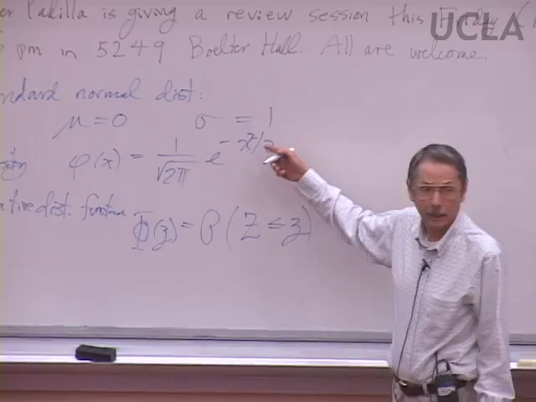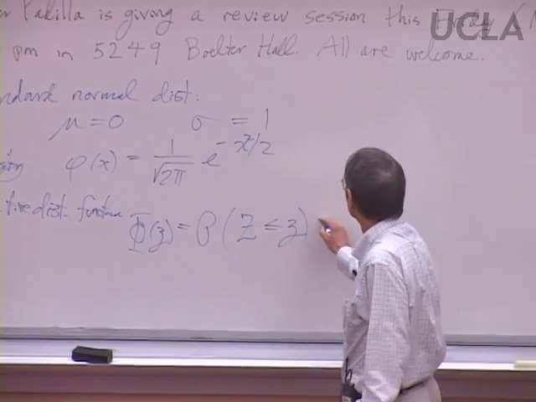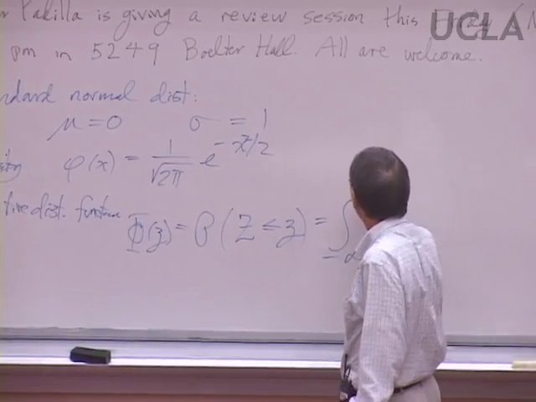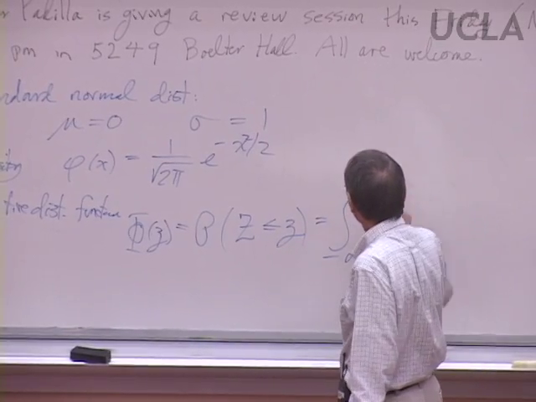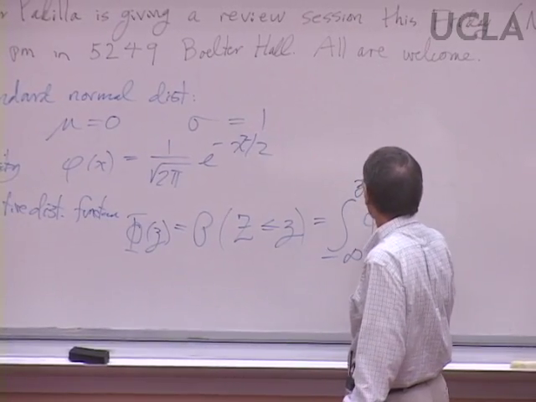And so, of course, we get that by integrating the density function up to z of phi of x.